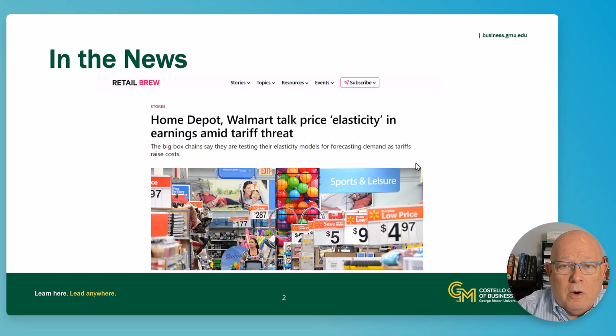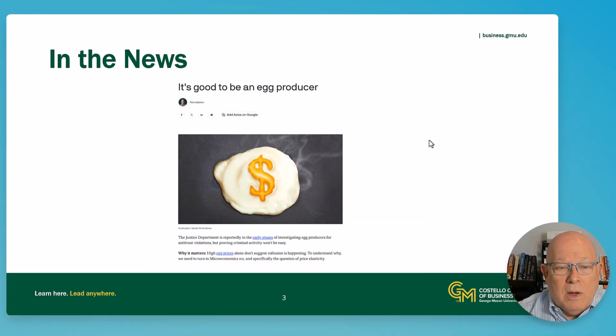For example, this article from a fairly recent retail publication on Home Depot and Walmart having to revisit their models for measuring elasticity given shifts in the demand curve, given the tariffs that have been recently imposed. That affects a lot of what's happening in the retail as well as the manufacturing industry.